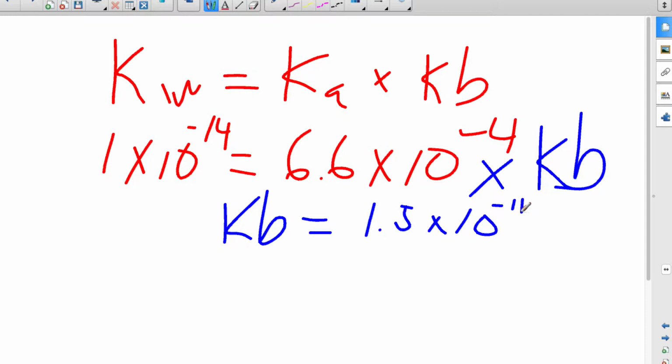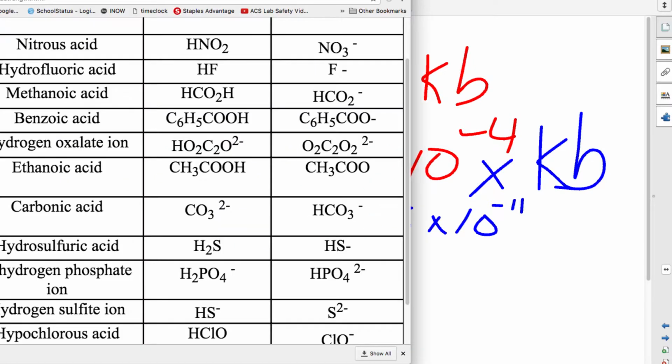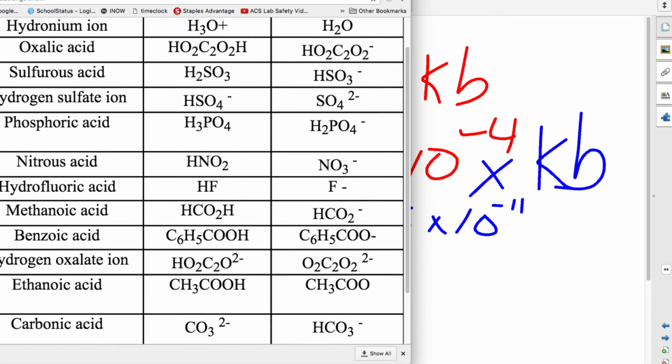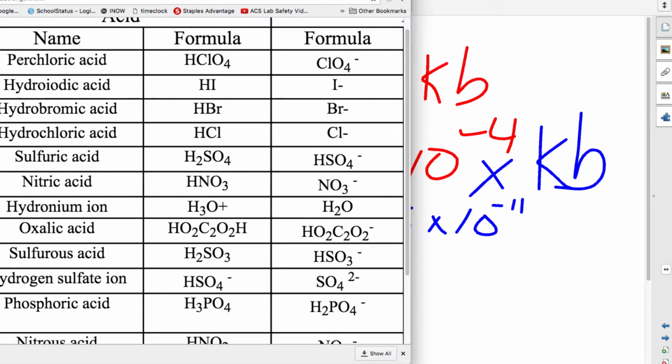Well, let's compare that to what it is, not for a weak acid, but for a strong acid. So we'll label this one HF over here. Let's go back to our table and see what the Ka value was for a really strong acid. Hydrochloric acid.